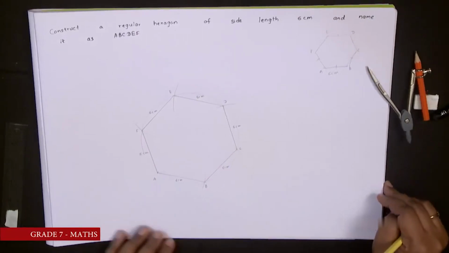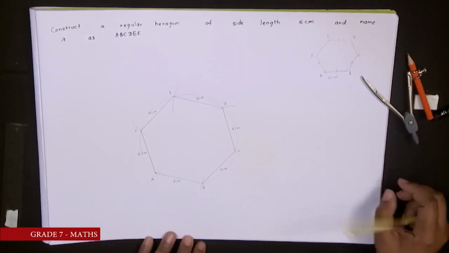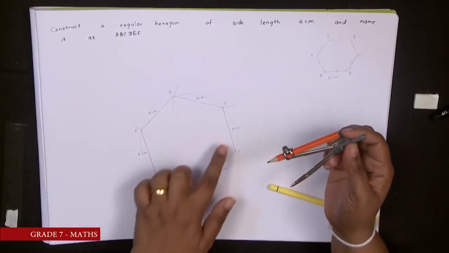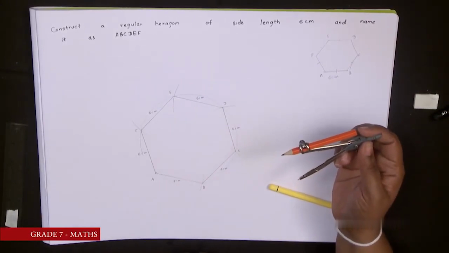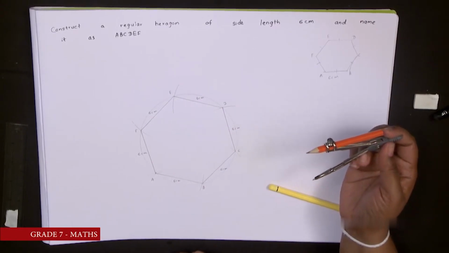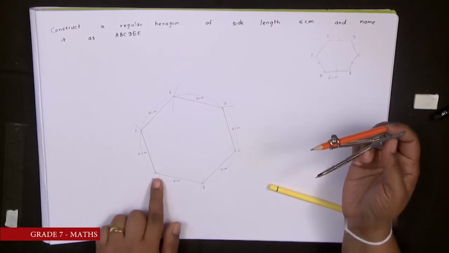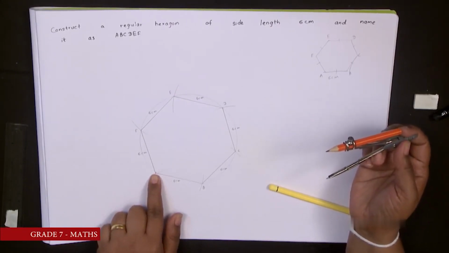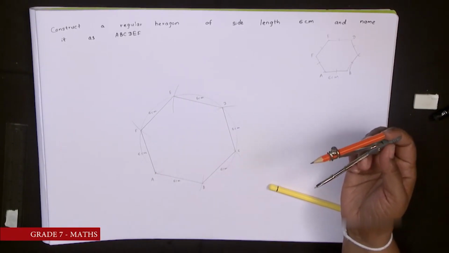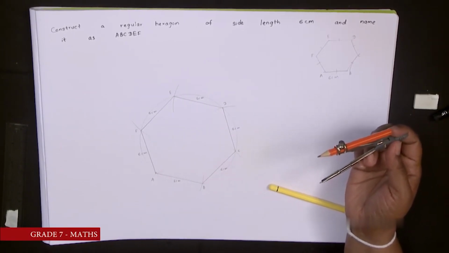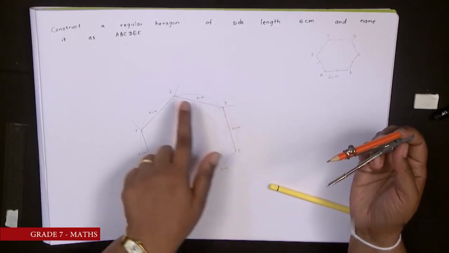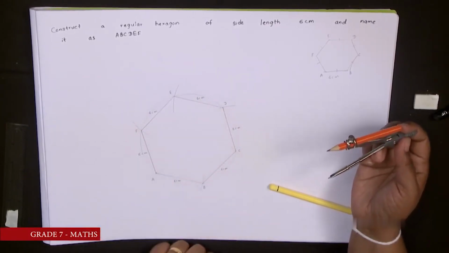Right. Once again, I'll tell you what we did right now. I set 6 centimeters on my pair of compasses and drew a circle taking 6 centimeters as the radius. Then I marked a point on the circumference of the circle, drew arcs to intercept the circumference of the circle and constructed 5 more points on the circle.